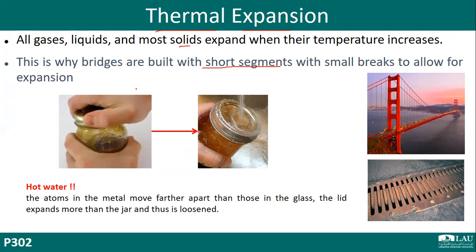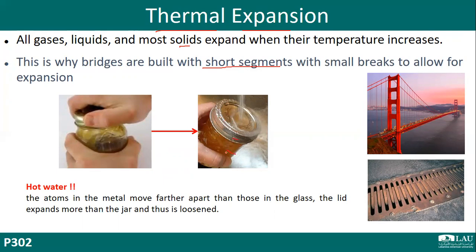To relate this, take the example of a jar. A jar is formed from glass, and the lid is formed from metal. Now let's say that you are trying to open the jar. It's blocked. The easiest thing to do is to put the jar under hot water, and then we can easily open the jar. Why can we easily open it? Because we have an expansion. Now, we have expansion, but why are we able to open the jar?